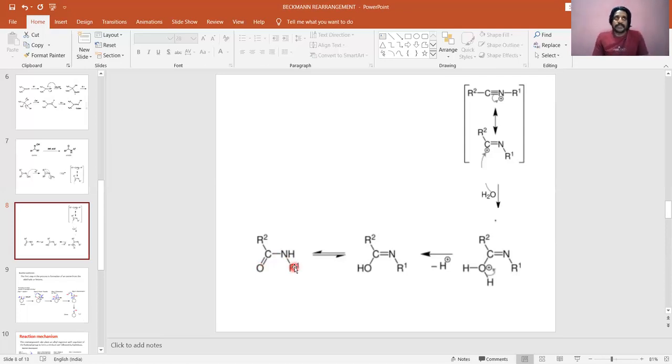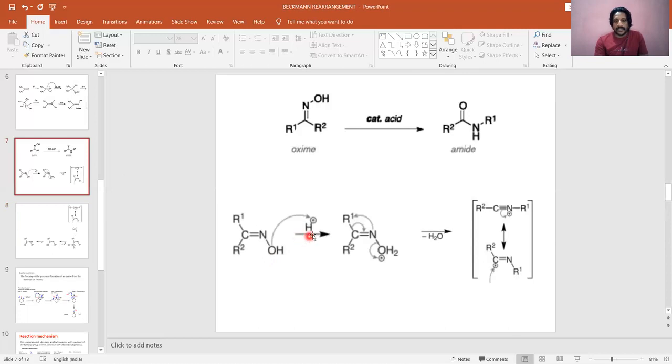So there are two steps involved here. The first step is conversion of ketone to oxime, and later these oximes in the presence of acid undergo the Beckmann rearrangement. Beckmann rearrangement means first there will be an electron deficient nitrogen. Look at here, when we add acid to the OH, OH will become OH2.